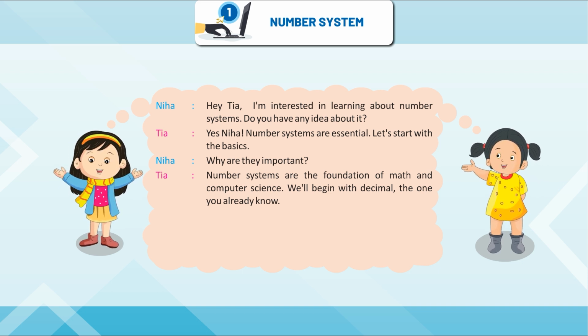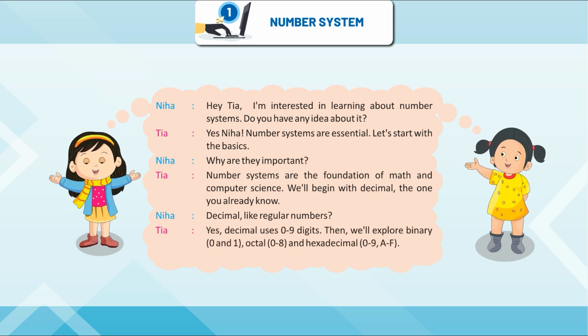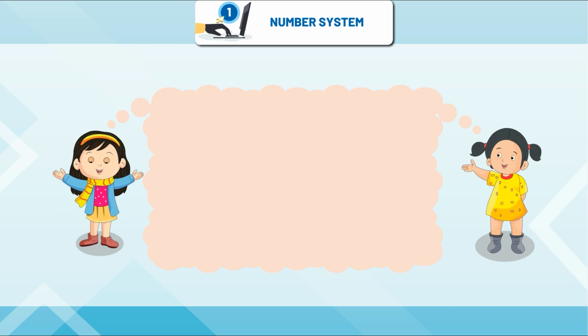We'll begin with decimal, the one you already know. Neha. Decimal, like regular numbers. Tia. Yes, decimal uses 0 to 9 digits. Then we'll explore binary 0 and 1, octal 0 to 7, and hexadecimal 0 to 9 and A to F.